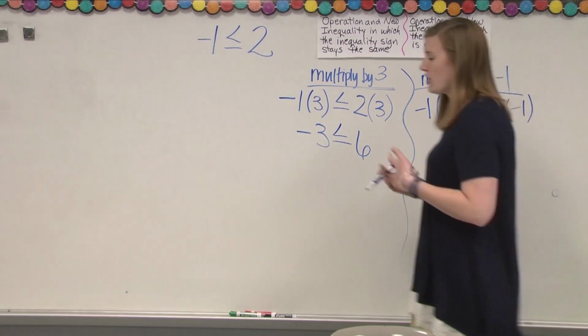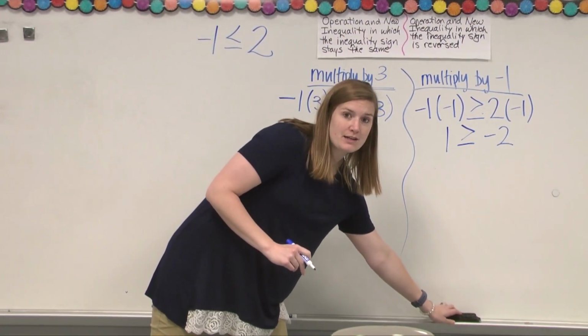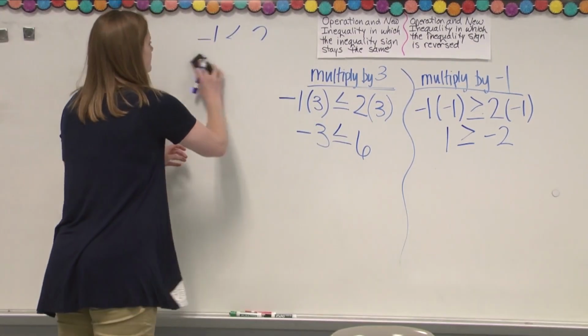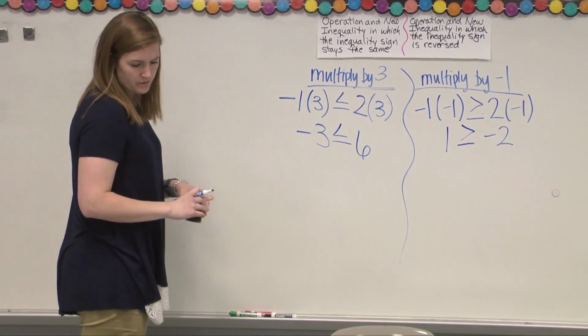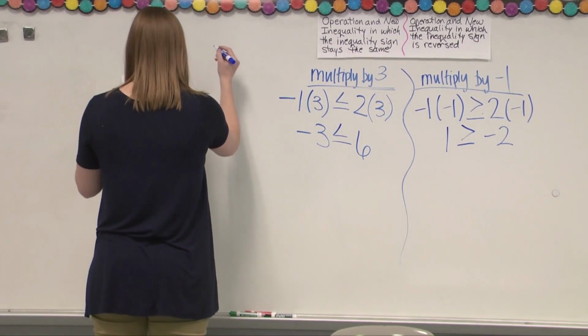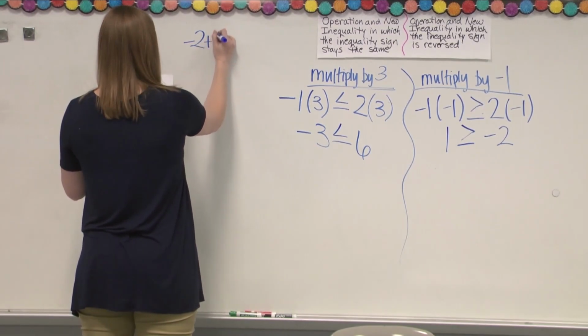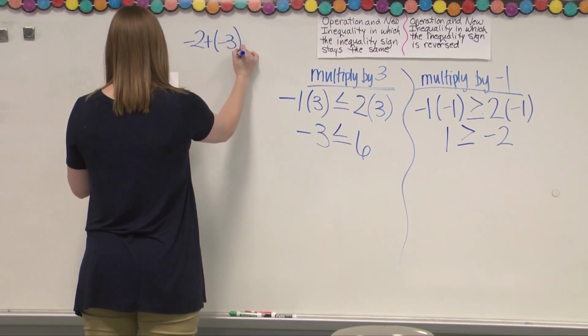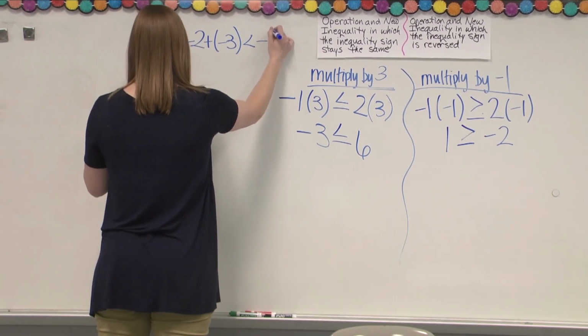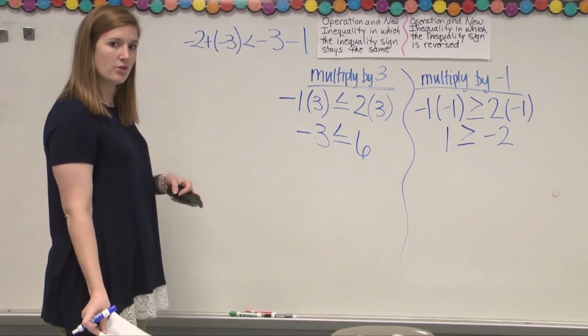Okay? So I'll pause for a second in case you need to write any of that down while I get our last example ready. Okay, so hopefully you had a chance to copy all of that down.